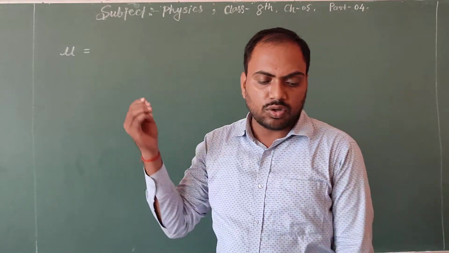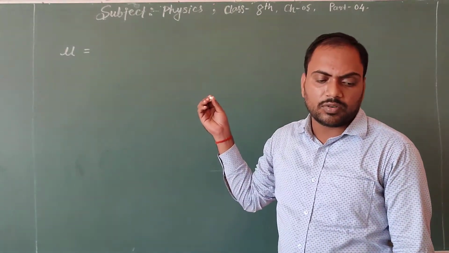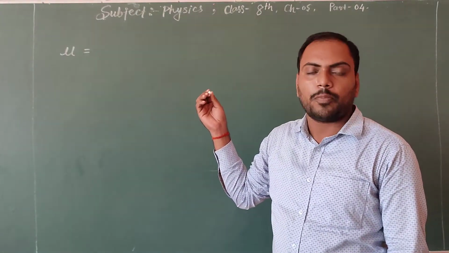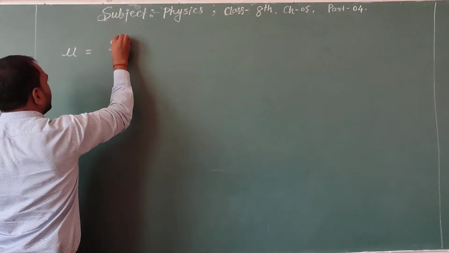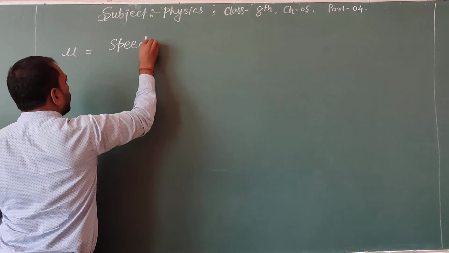Okay dear, so here refractive index will be equal to speed of light in vacuum upon speed of light in medium.